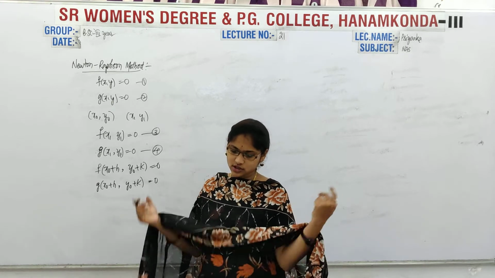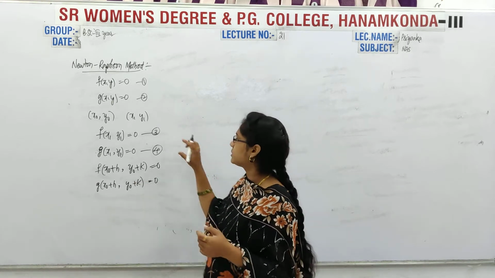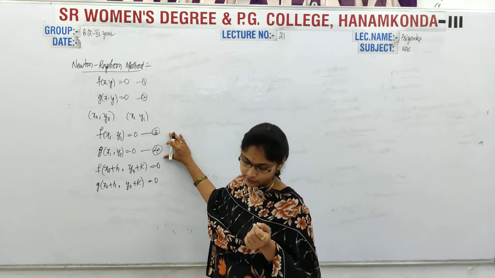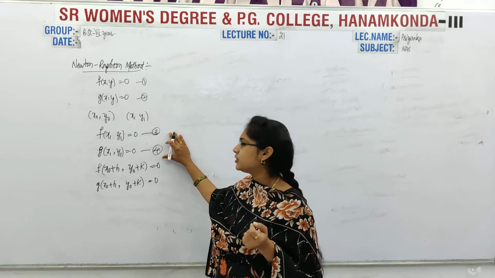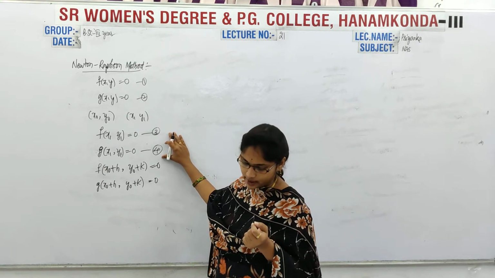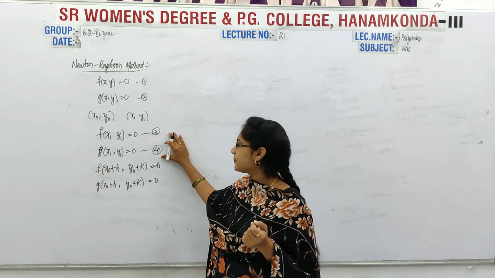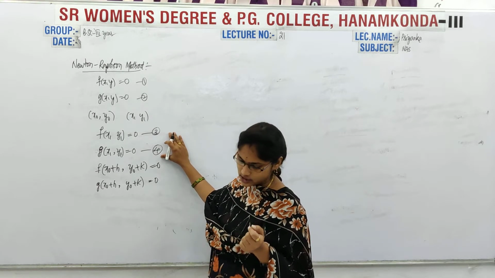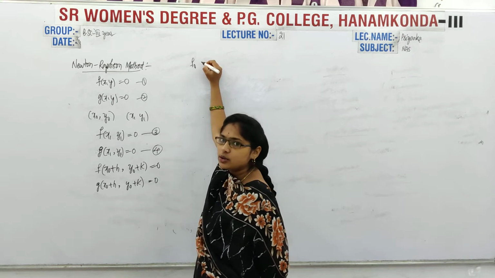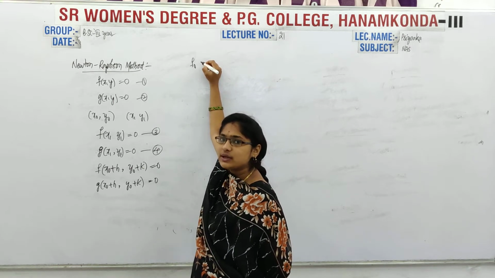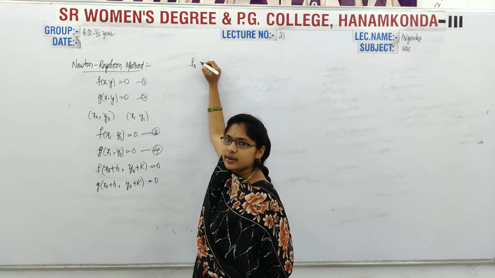Expanding equations 3 and 4 to the first degree terms by using Taylor series. In the Taylor series, firstly what do we get? f of x comma y is equal to some a naught plus so on.